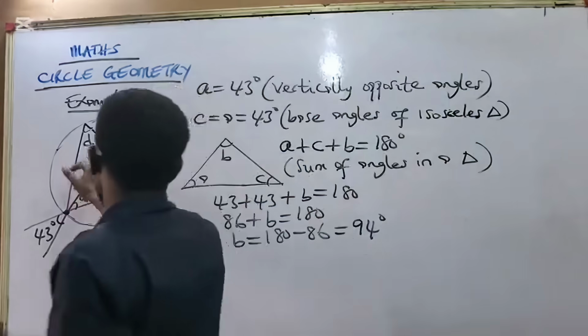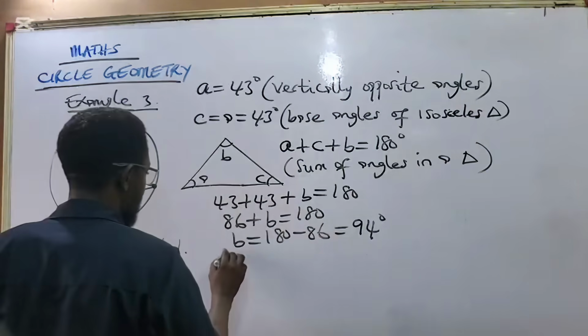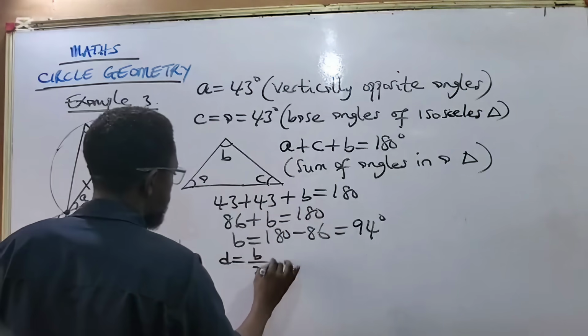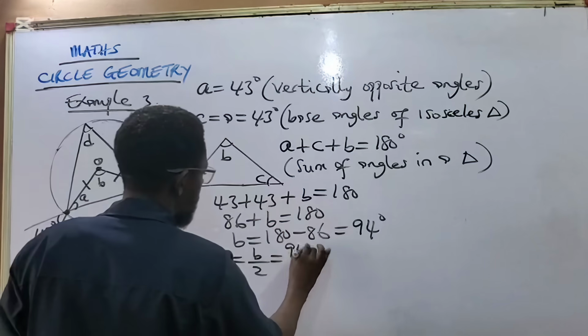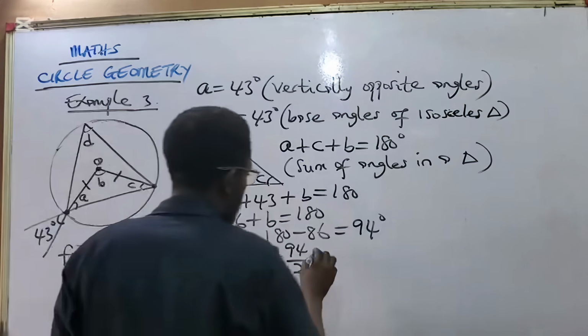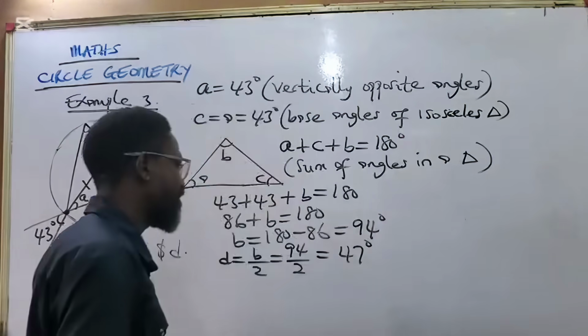Now D will be B over 2. That will be 94 over 2, and that will give us 47 degrees.